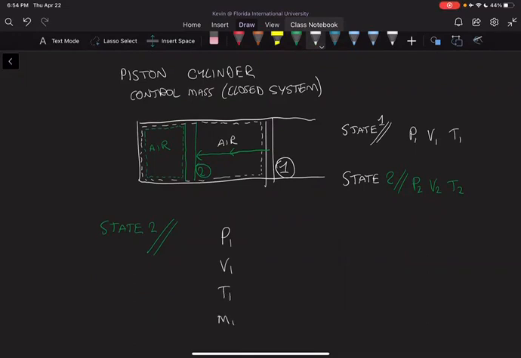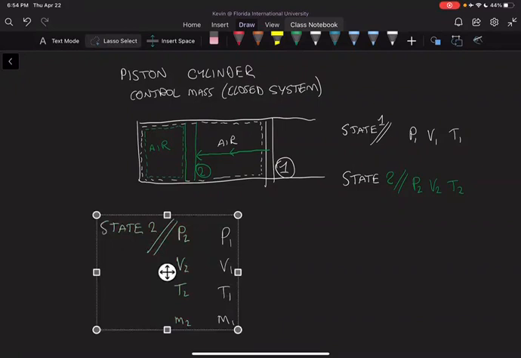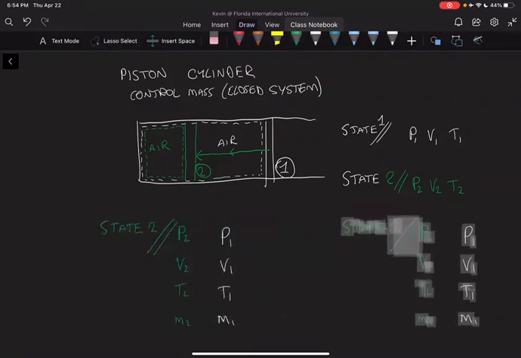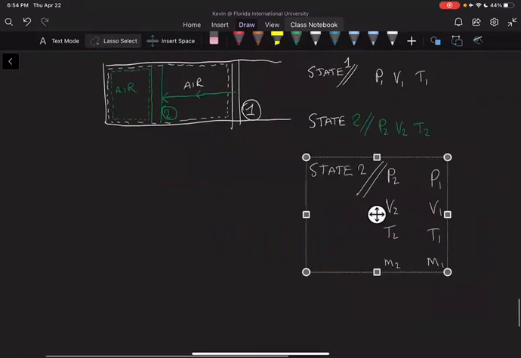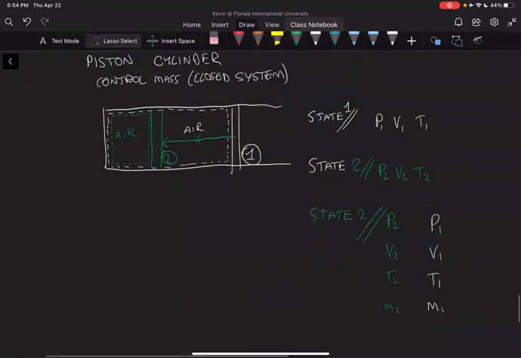And we're looking at if pressure 2, volume 2, temperature 2, or mass 2 are greater than or less than pressure 1, etc. So let me just move this around so I can illustrate a point after. So I'm going to move this to a different place just so we have it here on the side. And let's look at what this could be.